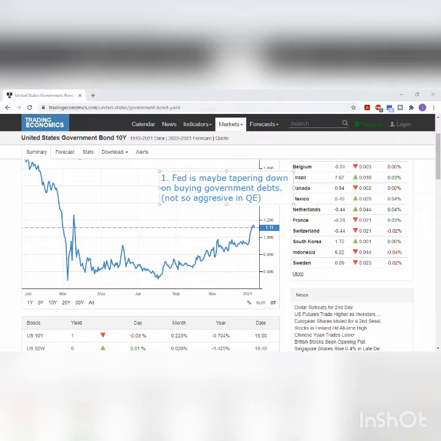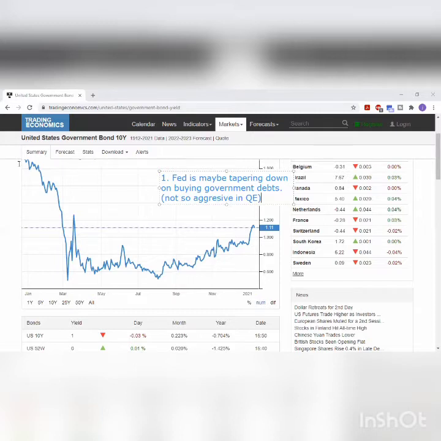Bakit nagkaroon ng sharp na upward move, and in fact, na-breach niya yung 1%? So, ang assumption dyan is baka dahan-dahan, the Fed may want to pull the deflationary trigger already. So kaya nagkaroon ng sharp movements sa dollar index noong Monday.